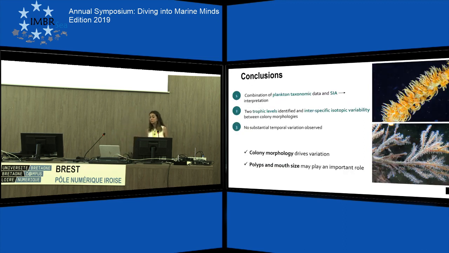Now, in conclusion, even though discrepancies were found between plankton taxonomic data and plankton isotopic data, the combination of these two techniques helped to aid interpretation of the patterns observed. Stable isotope analysis identified two trophic levels with an interspecific isotopic variability between the two colony morphologies.